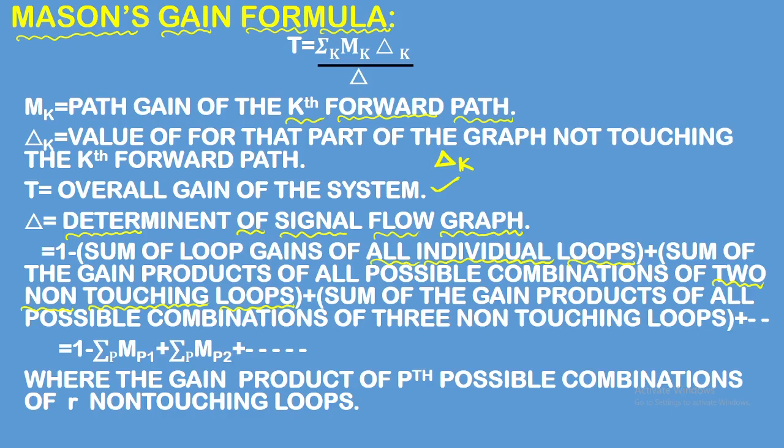And the sum of the gain products of the next combination, here the sign also will change. Previously it was minus, so here plus, then here it will become minus, then once again the plus sign, like that the sign goes on changing. So 1 minus sigma P m p1 plus sigma P m p2, like this we will go, that is called the delta, where the gain product of pth possible combinations we are going to write for r non-touching loops.